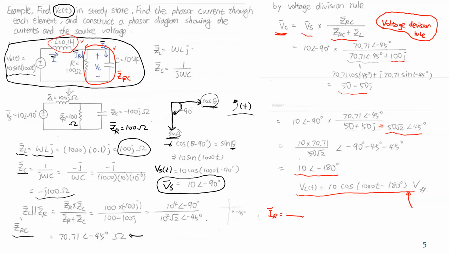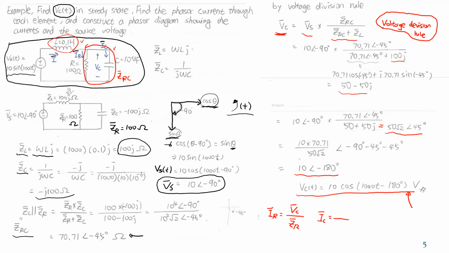VC is also the voltage across R. So IR can be calculated by VC divided by ZR. Because VC is the voltage across R, and VC is also the voltage across C, you can use VC to find IC.